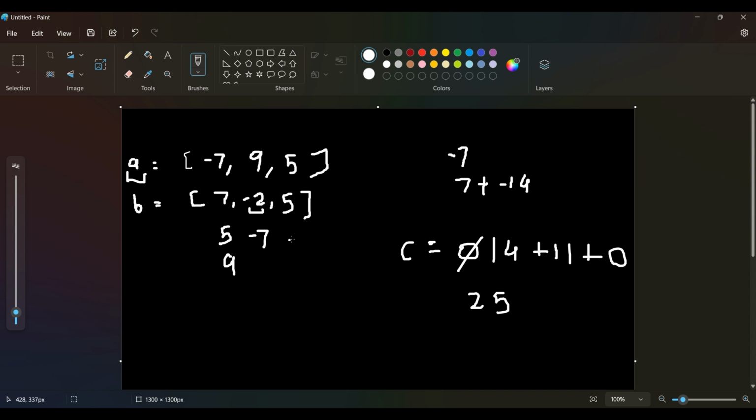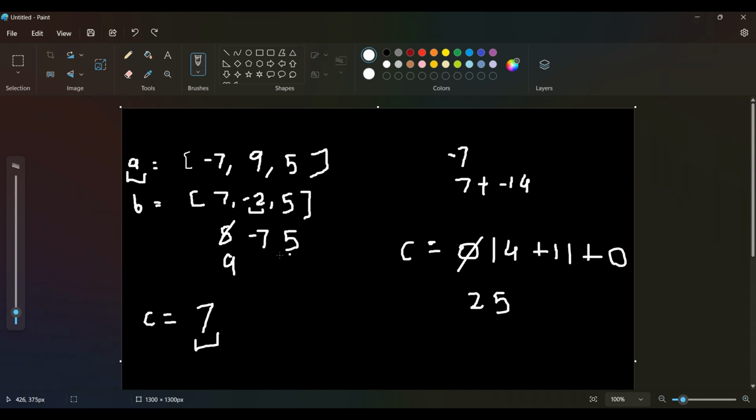For 5, it should be 5 only, because the difference will be 0, so here instead of 5 I will take 9. So the most optimal arrangement will be 9, minus 7 and 5. And what is the cost in this case? The cost is 2, 2 plus 5, so it is 7.